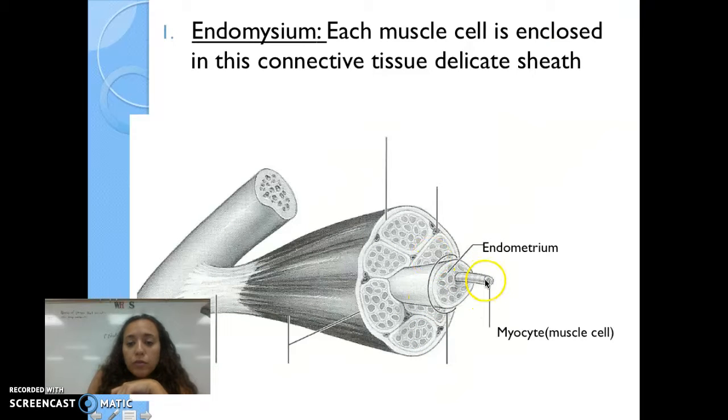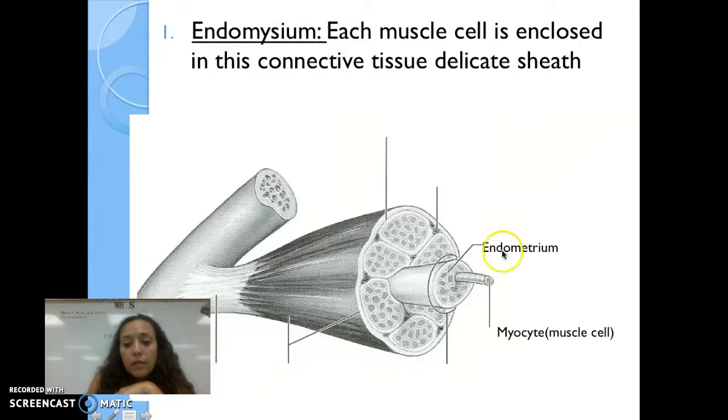This right here is your muscle cell, your myocyte. Remember I told you that you have all these organelles inside that are contracting. As they're contracting, you wouldn't want your cell to rip. So on the outside of your cell, you have this enclosed connective tissue, delicate sheath called an endomysium.